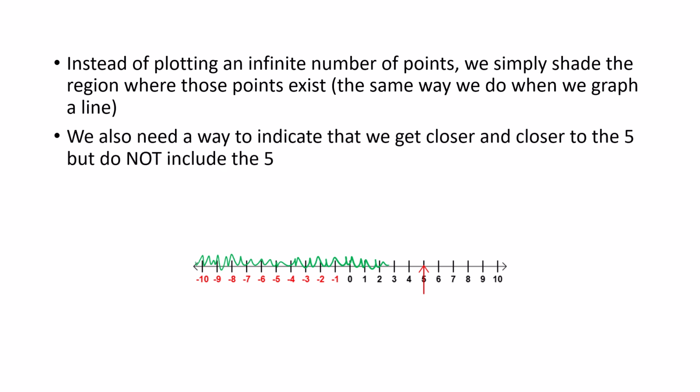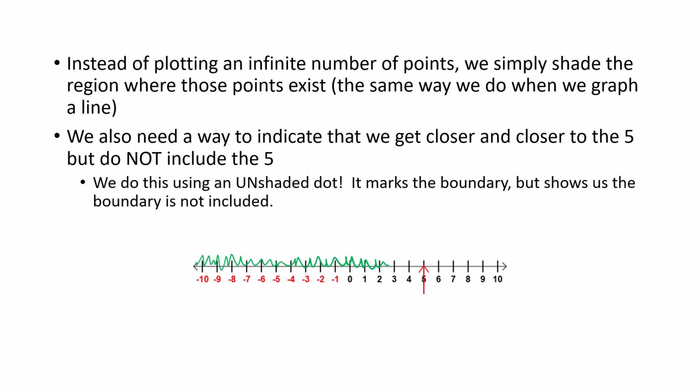We also need a way to indicate that we get closer and closer to the 5, but do not include the 5. So that gets a little bit trickier. What's important to remember is the key concept: we shade in the numbers or values that are solutions. So that gives us our solution to this problem. We do this using an unshaded dot.